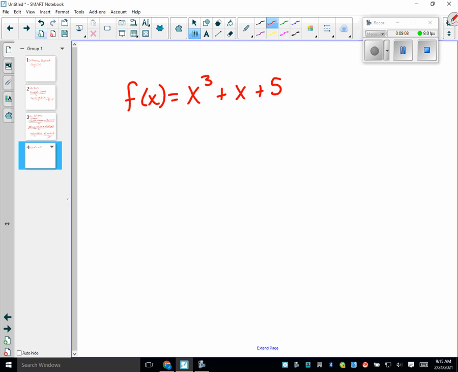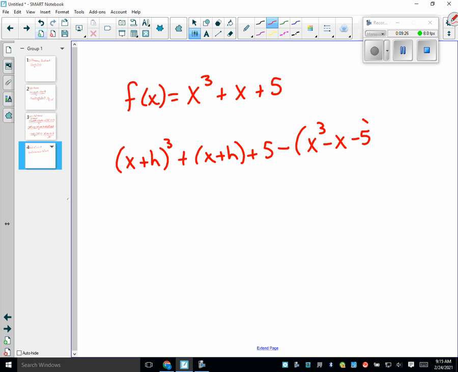Okay, isn't this (x plus h) cubed plus x plus h plus 5 minus x cubed minus x minus 5, all over h? Minus x minus 5?